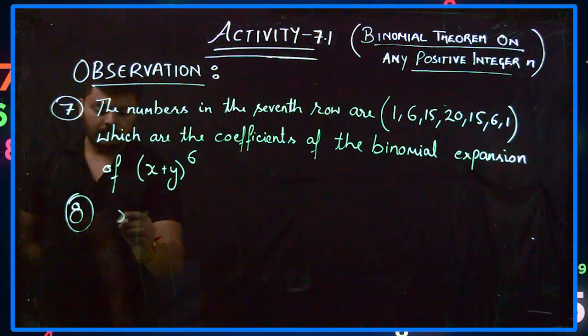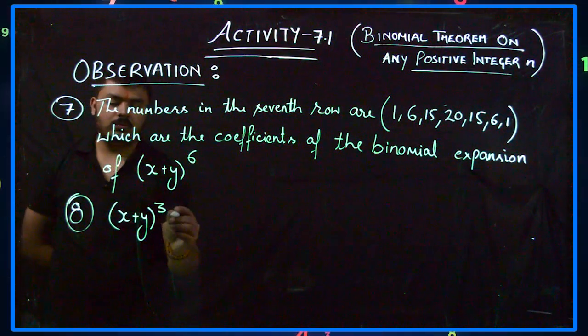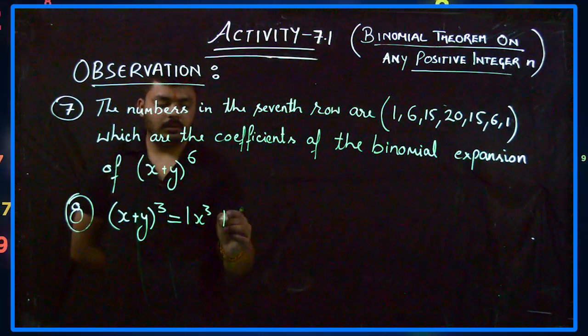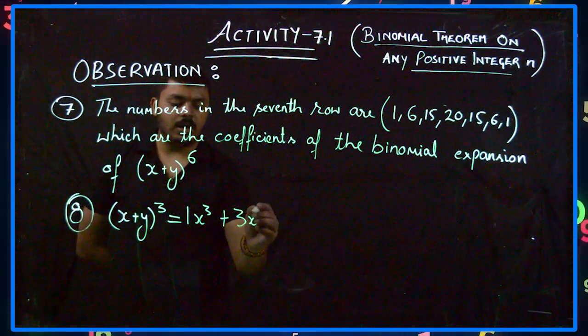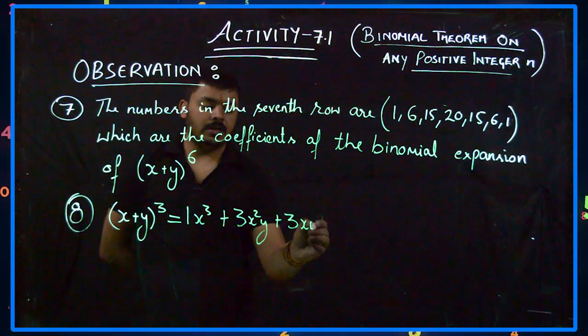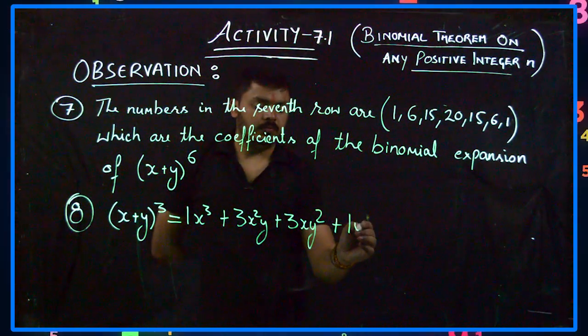Observation 8. (x plus y) to the power cube equals 1 x cube plus 3 x square y plus 3 xy square plus 1 y cube.